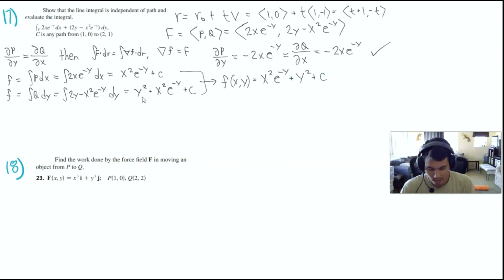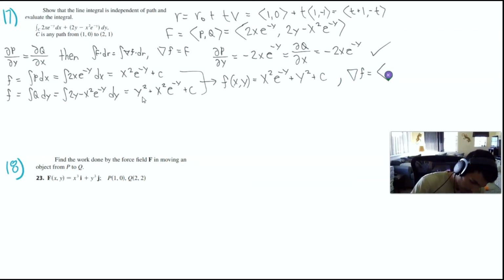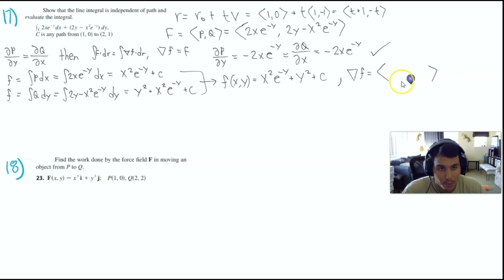And let's check if we take del of that. If we take f and its derivatives with respect to x over here and with respect to y over here, we should get the same thing. So the derivative of this with respect to x is 2x e to the negative y.